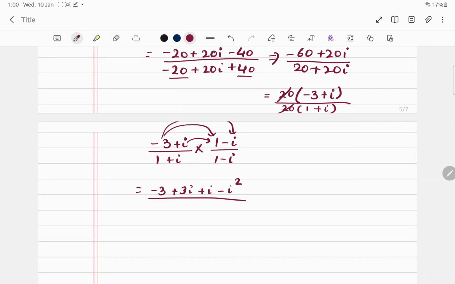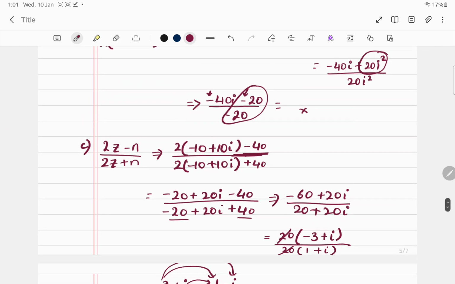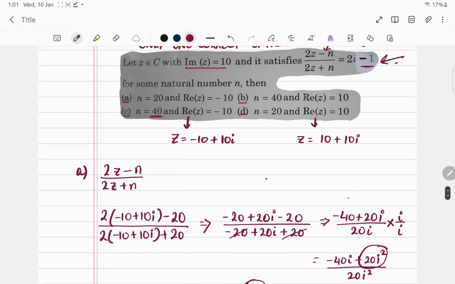The denominator is a square minus b square, so it's 1 square minus i square, which is 1 plus 1, so 2. So that is minus 2 plus 4i over 2. You can take 2 common, or just split the fraction, whichever way you find easier. That gives minus 1 plus 2i, or 2i minus 1, which is what we are looking for.